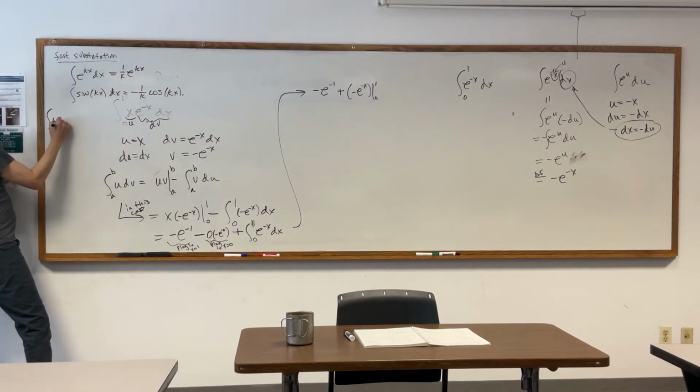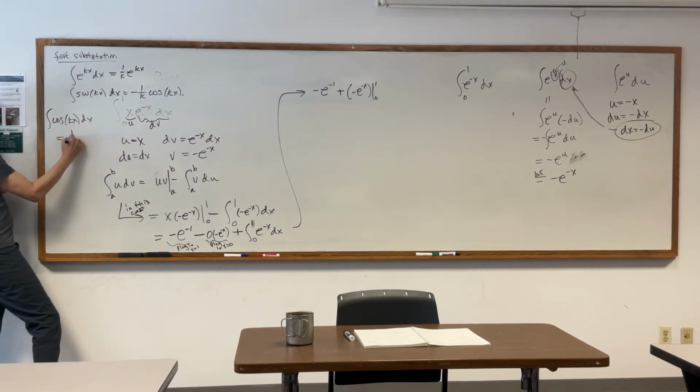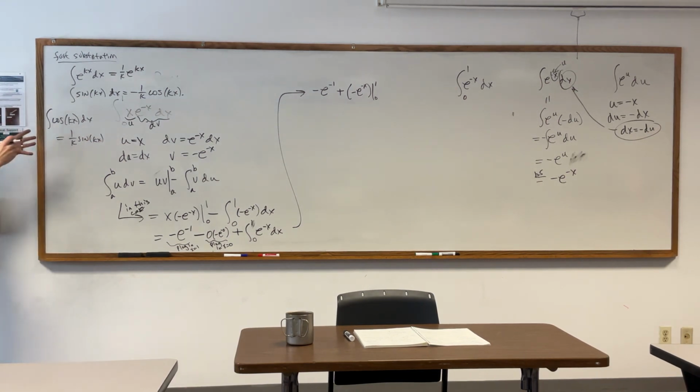And then finally, let's put one more up here. That's equal to 1 over k sine of kx. So really, have your integral sheet by you when you're working, but have these maybe right on top, because literally they're the most common forms you'll see all semester.